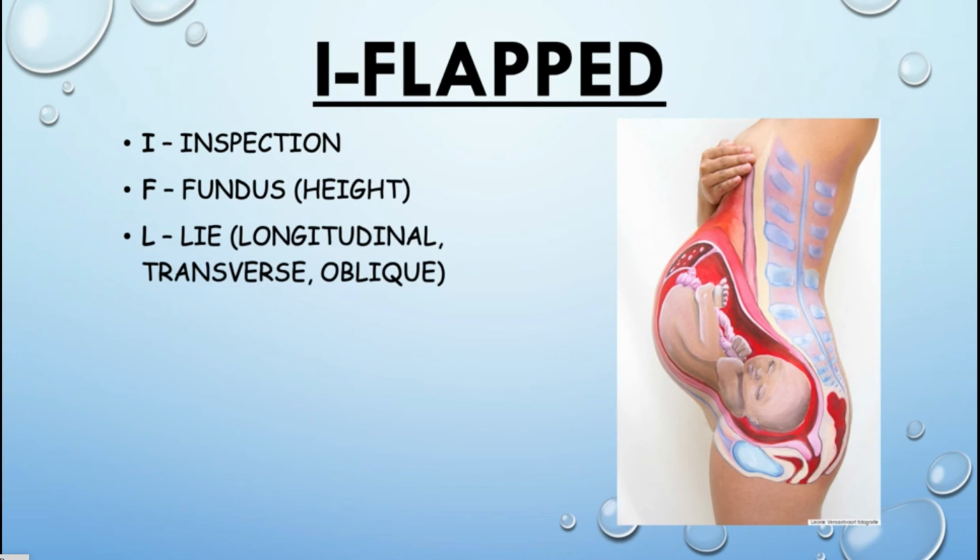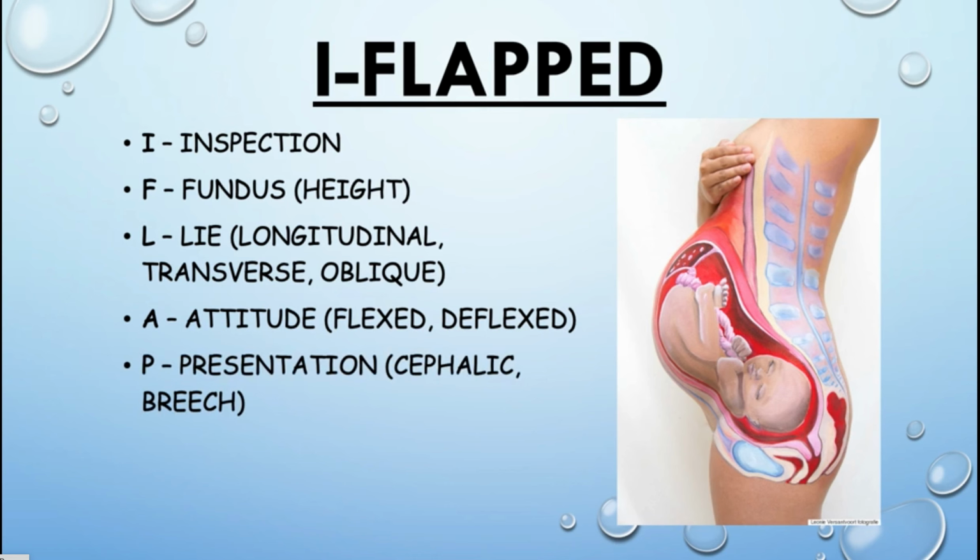Lie, is the lie of the baby longitudinal, following the maternal spine, transverse, lying across at right angles to the maternal spine, or oblique, in the diagonal? The attitude, is that baby's head flexed or deflexed? The presentation, what is the presenting part?